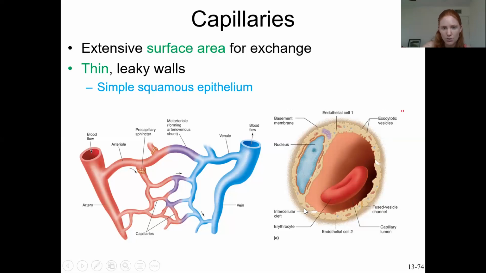Okay, so it's very good at its job, and its job is exchange between the blood and the tissues, and it does that by increasing the amount of surface area, lots of little tubes, and making it so that the blood vessel wall is very, very thin, so the nutrients and oxygen can pass right through it.